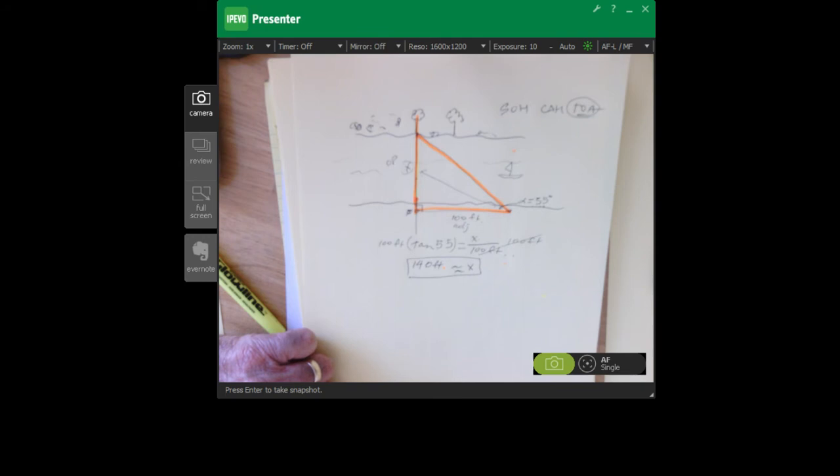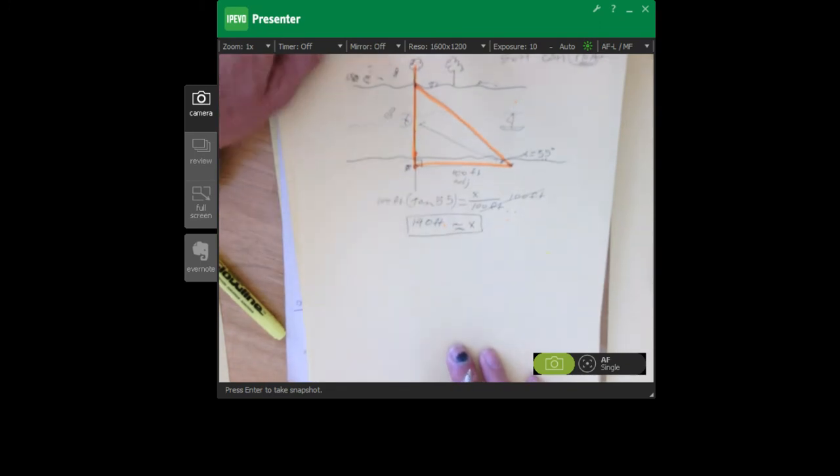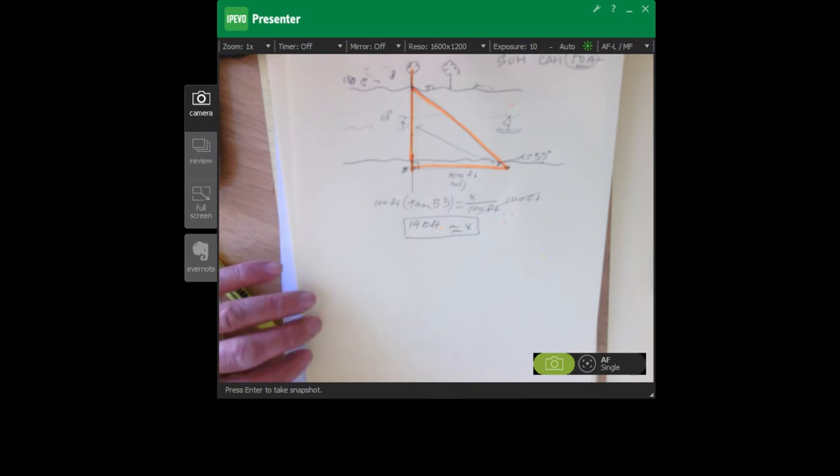Now, one of the most important things I want you to keep in mind is how we did it, and to understand that at the beginning of this problem there wasn't even any triangle in the picture. So applying trigonometry in problem solving, quite often there won't even be a triangle.